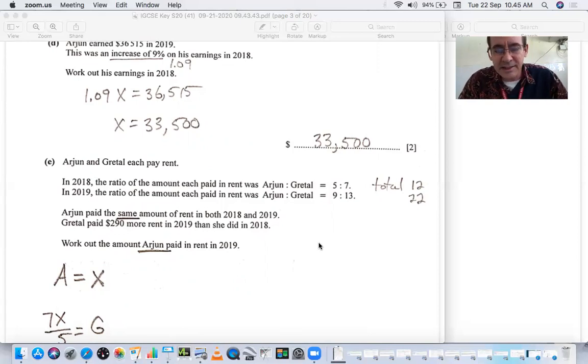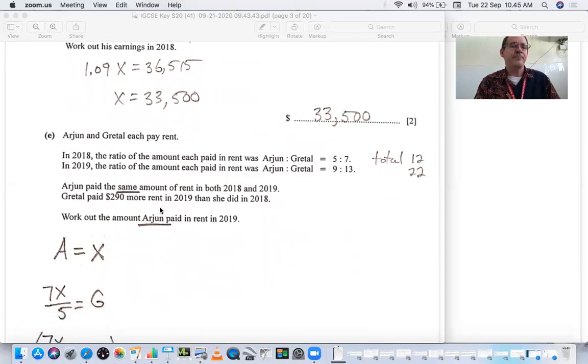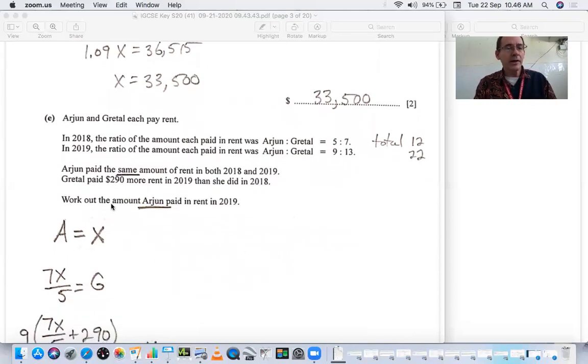So notice the total of this top one is 12. The total of this bottom one is 22. Arjun paid the same amount of rent in both 2018 and 2019. Gretel paid $290 more rent in 2019 than she did in 2018. Work out the amount Arjun paid in 2019.